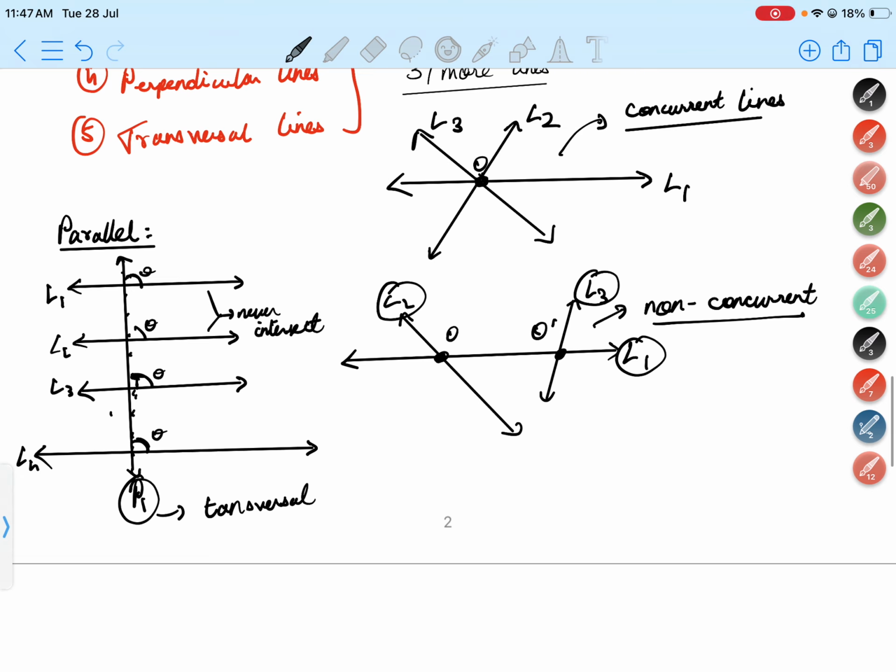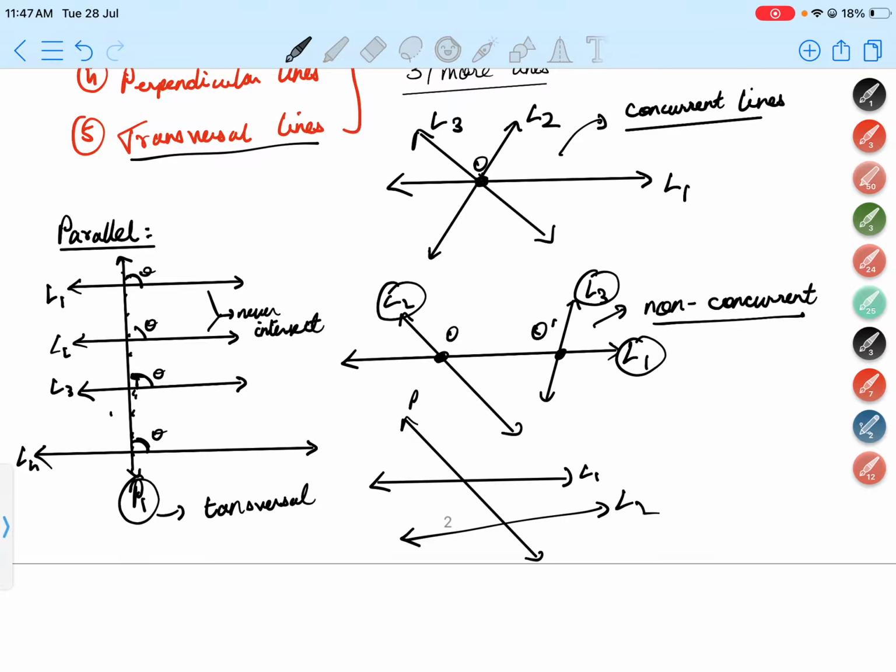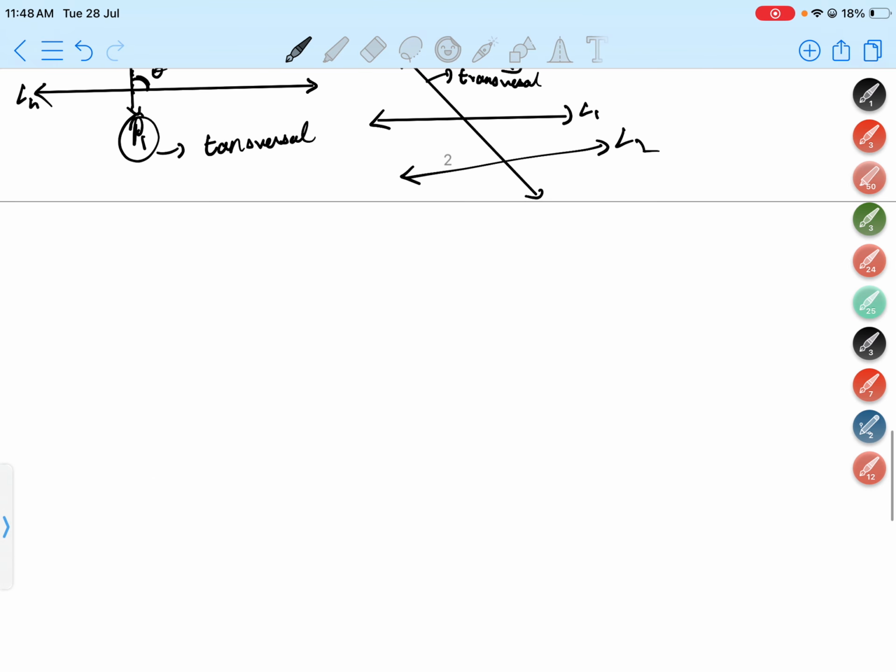So what is a transversal line? Any line which cuts any two lines, let's say L1 and L2, and there is one line which cuts both of these lines, let's say P1. So this P1 is the transversal line. Let me draw it below here.